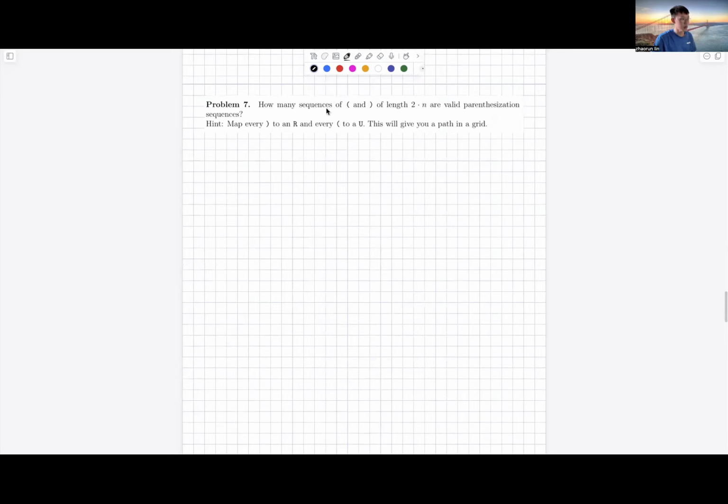In how many sequences of opening brackets and closing brackets of length 2 times n are valid parenthesization sequences?